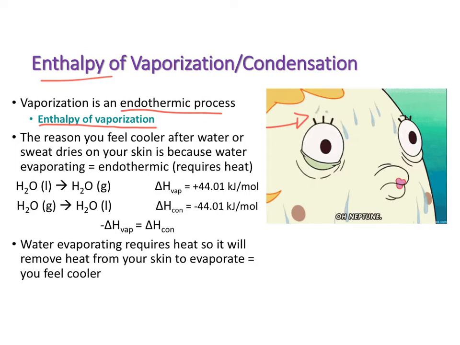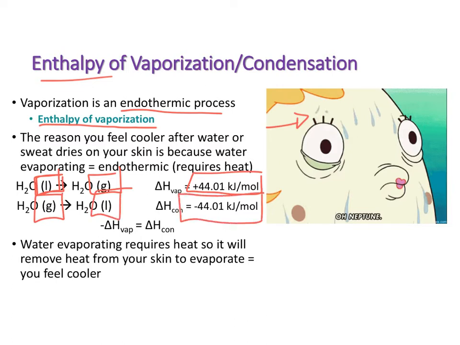So whenever water is going from a liquid to a gas, so it starts off as a liquid like sweat on your skin, and then it goes into a gas, it requires plus 44 kilojoules per mole. And then the converse is true. So whenever something is going from gas to a liquid, so it's condensing, it's going to be the opposite.